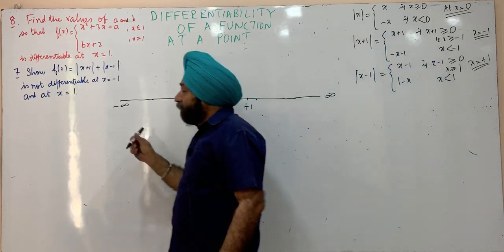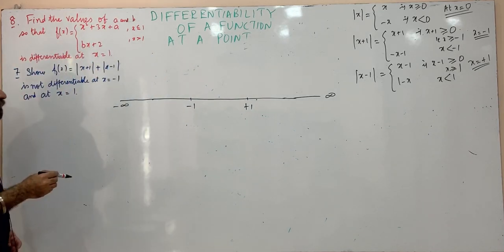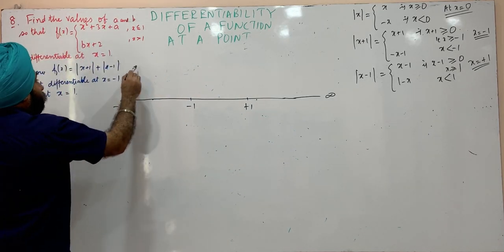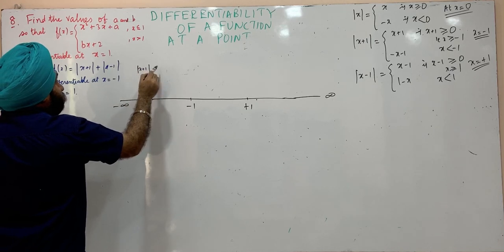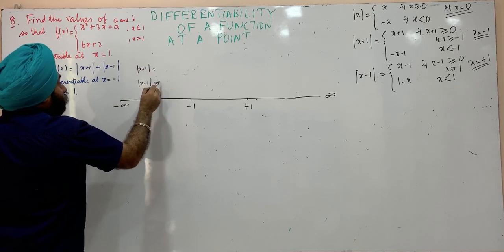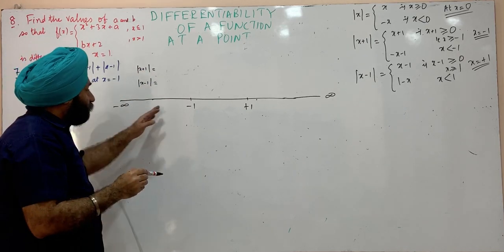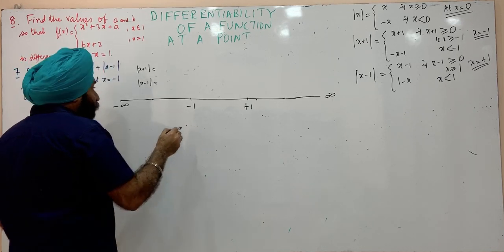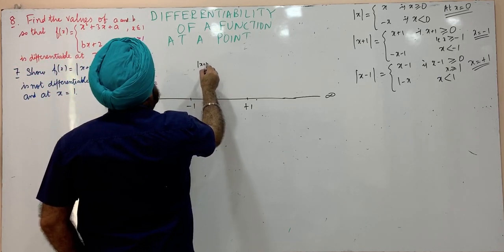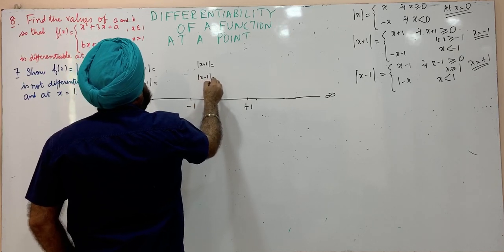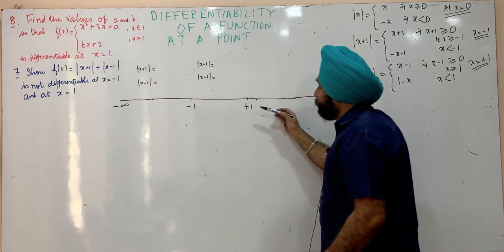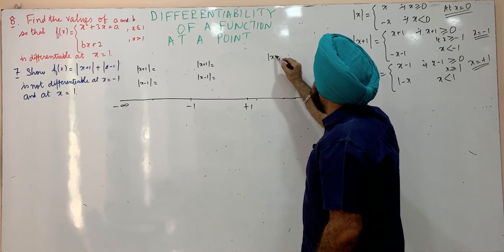F of x is sum of these mods. So we have to find out the value of mod of x plus 1 and mod of x minus 1 for the first part, and similarly for the second interval, and also for the third one.